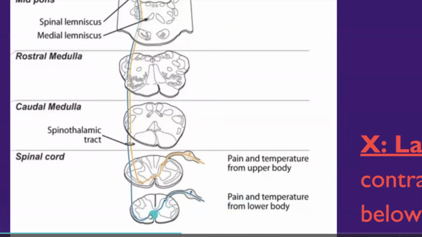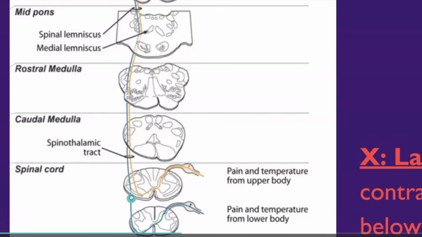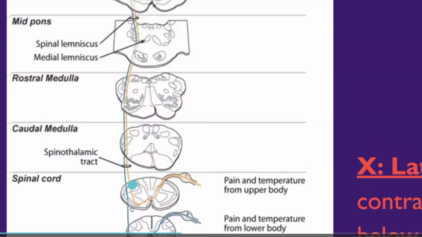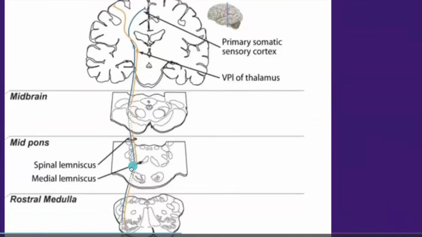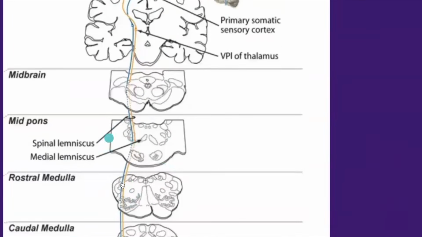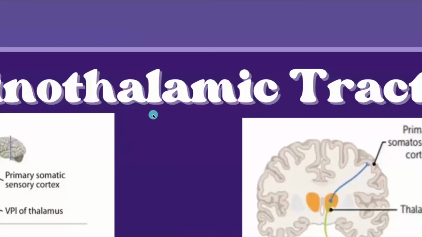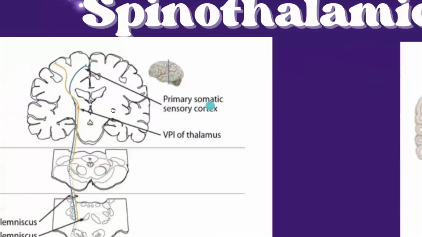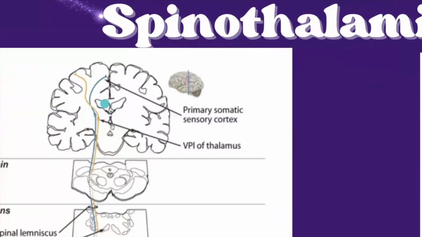They form the lateral spinothalamic pathway, and it goes laterally in the lateral column, all the way up to the brainstem, and it goes laterally until the VPL of the thalamus, where you find the cell bodies of third order neurons that go all the way up.